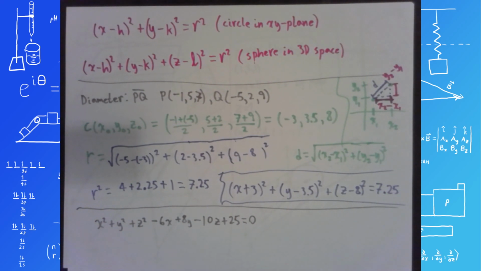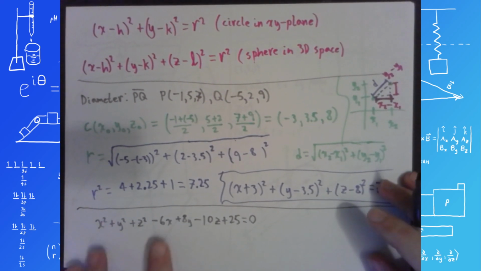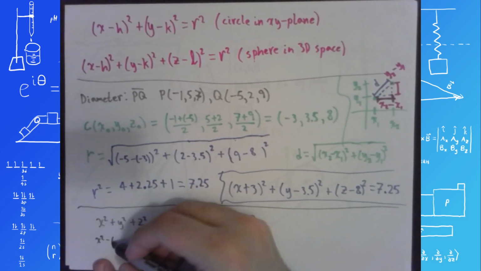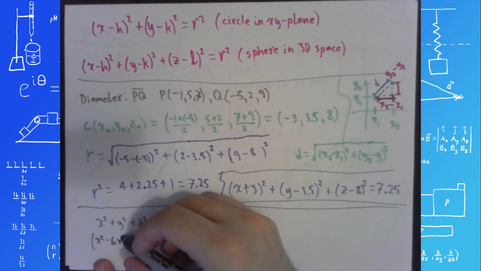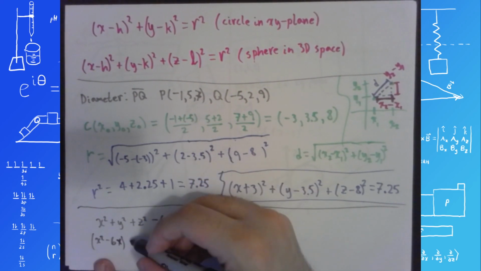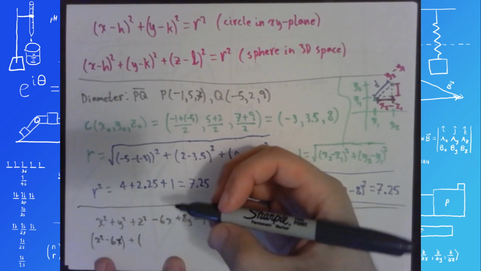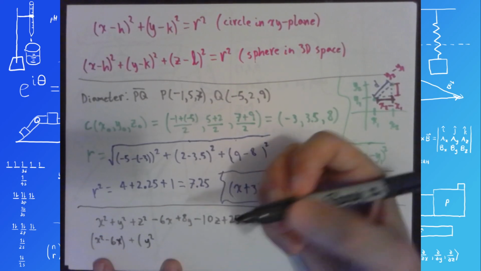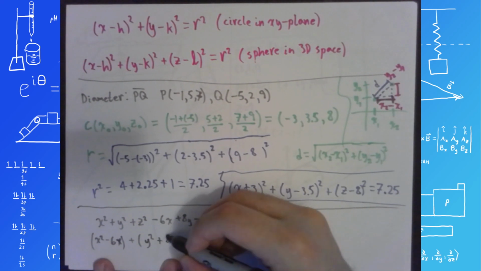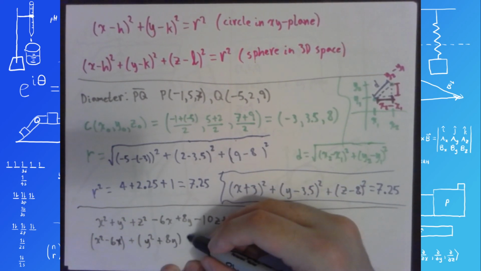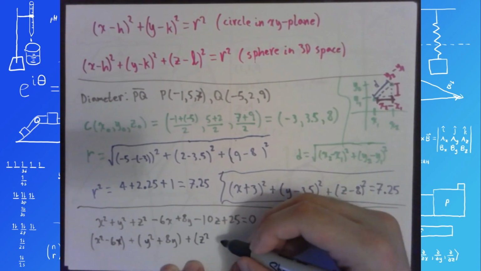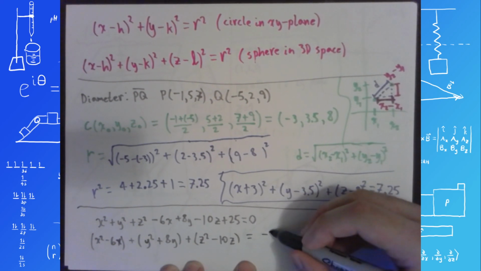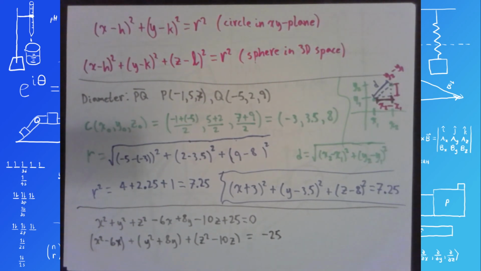So I'm going to do (x squared minus 6x), I'll put it in parentheses for now, just for visual organization's sake, plus (y squared plus 8y) plus (z squared minus 10z) equals negative 25, is how I will rewrite it.